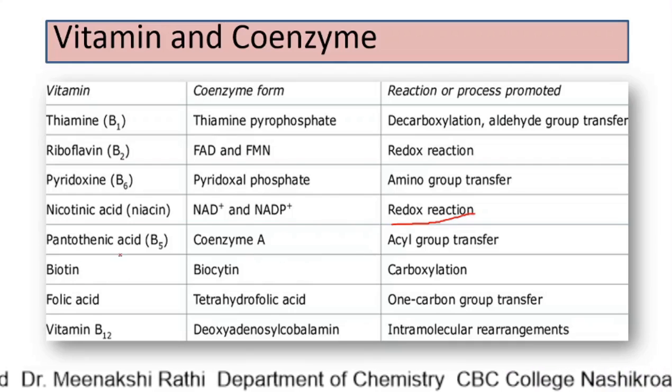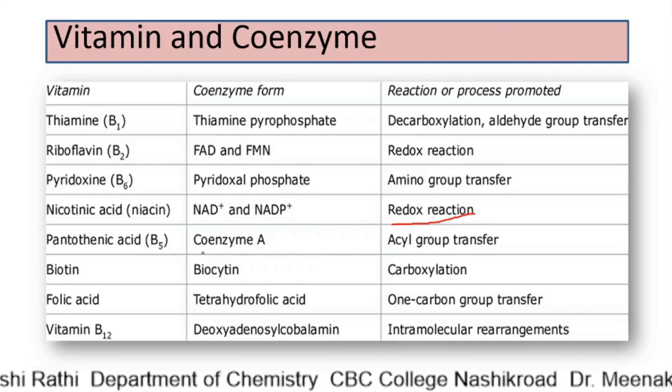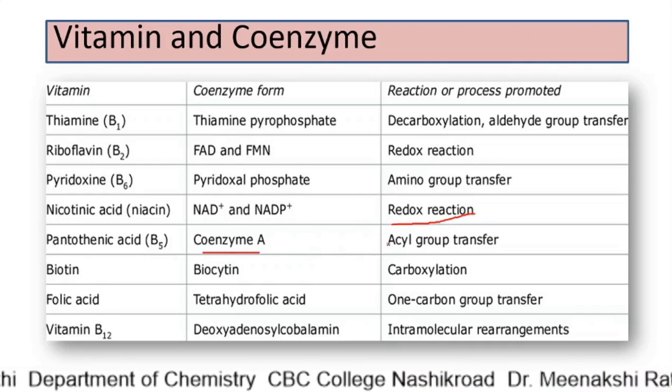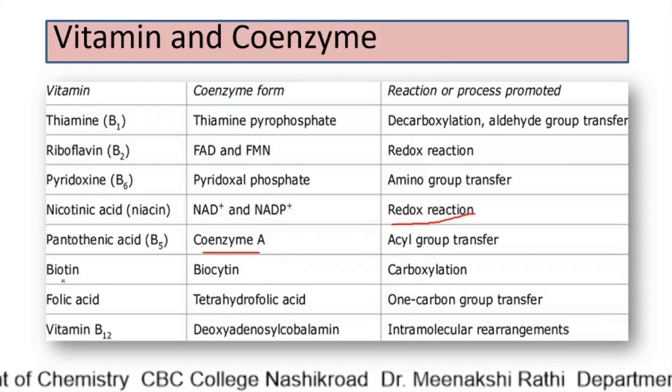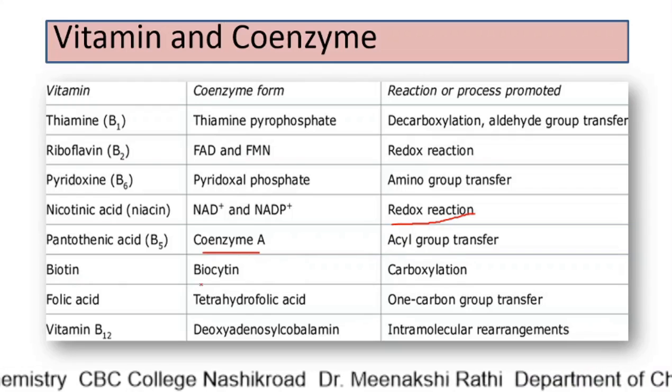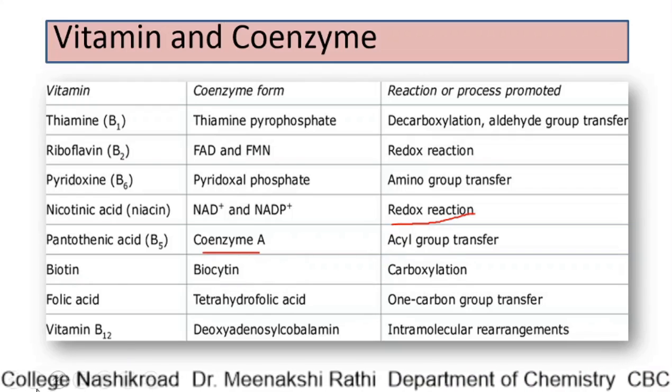Then pantothenic acid, B5, its coenzyme is coenzyme A and it takes part in acyl group transfer reactions. Biotin, coenzyme is biocytin and it takes part in carboxylation reactions.